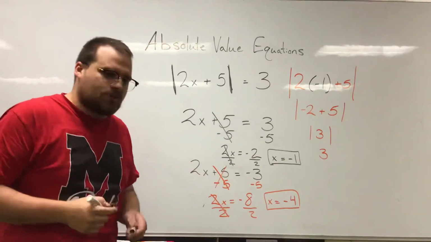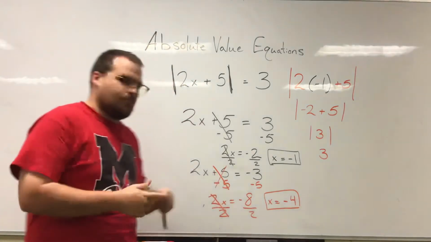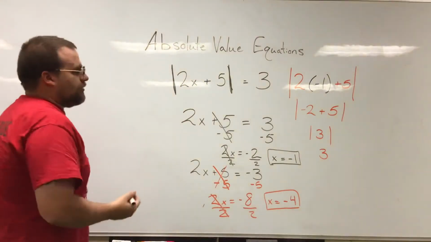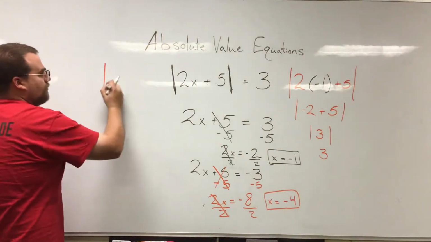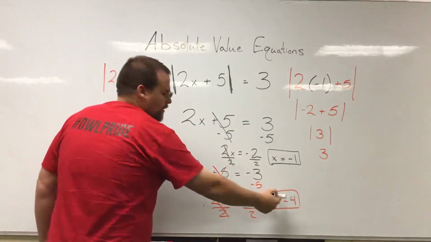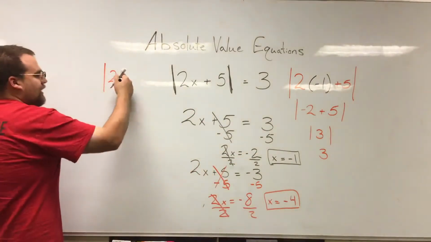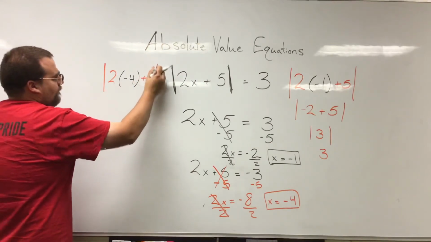Now what happens, though, if we try our other answer we got? I'll do that one right over here. We had the absolute value of 2, and then in this case, instead of negative 1, we're going to try our other answer, negative 4, plus 5.